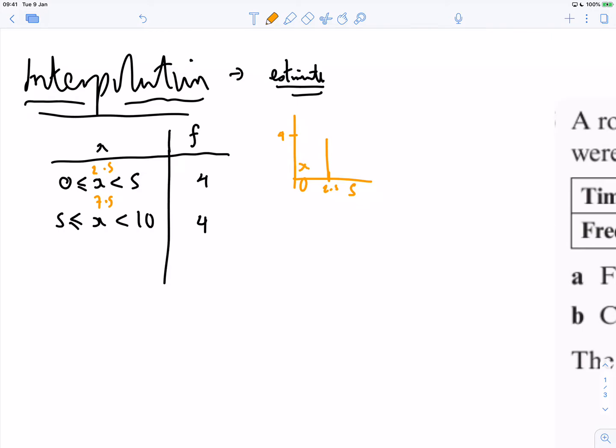I'm not going to pretend there are multiple values. I don't care how it's distributed. I'm just going to say on average they all even out to the middle. So you're saying that this group, on the whole, behaves like the midpoint. And that's why it's an estimate, because it might not have been the midpoint.